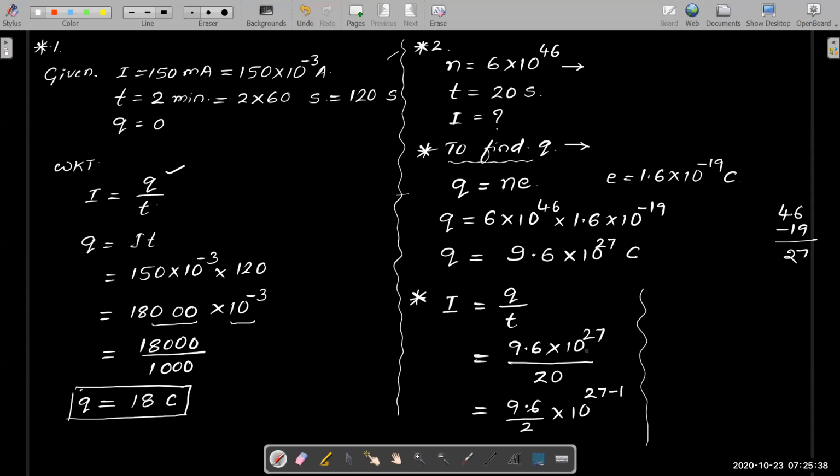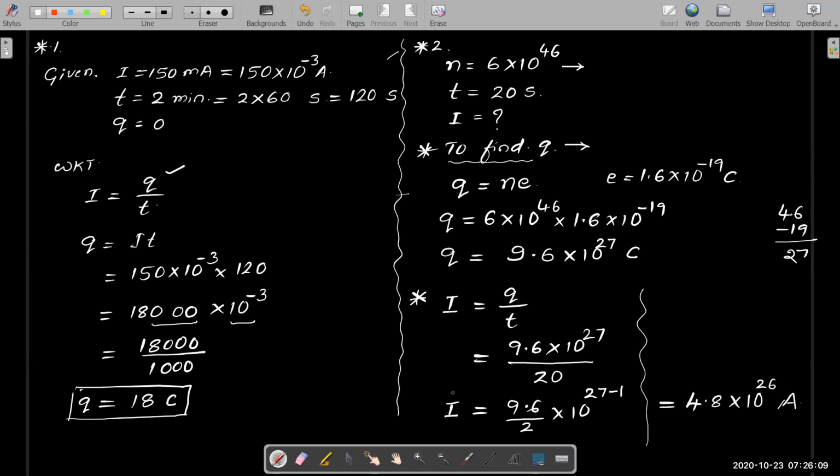In 10 raised to 27, total 27 zeros are there, and among them, one zero is reduced. Therefore, the current is 4.8 into 10 raised to 26 ampere. So this is the amount of current which flows through the conductor in a time of 20 seconds.